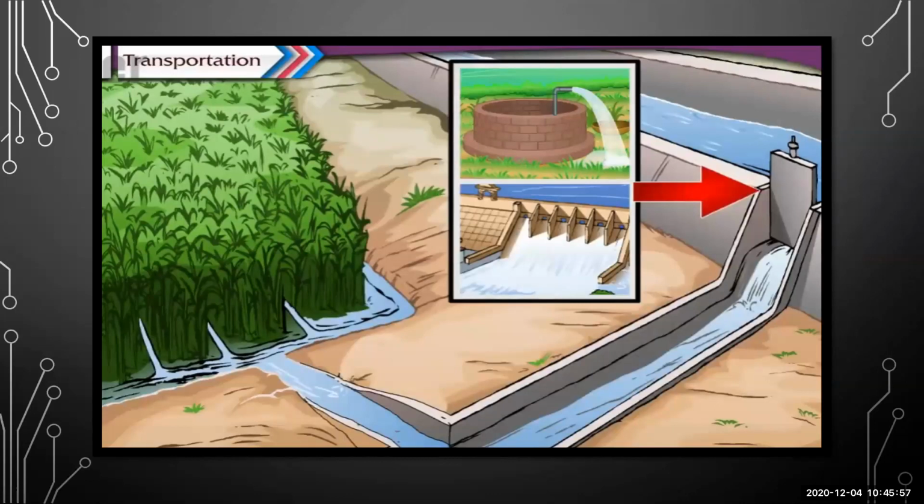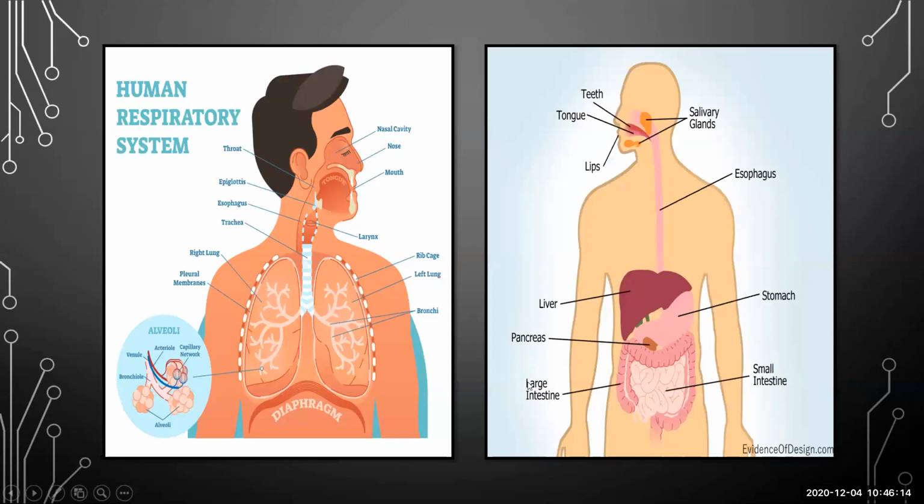You can see in the picture the farmer uses this canal to transport the water from the dams and wells to the plants with the help of the channels. In the same way, the digestive and respiratory systems work.